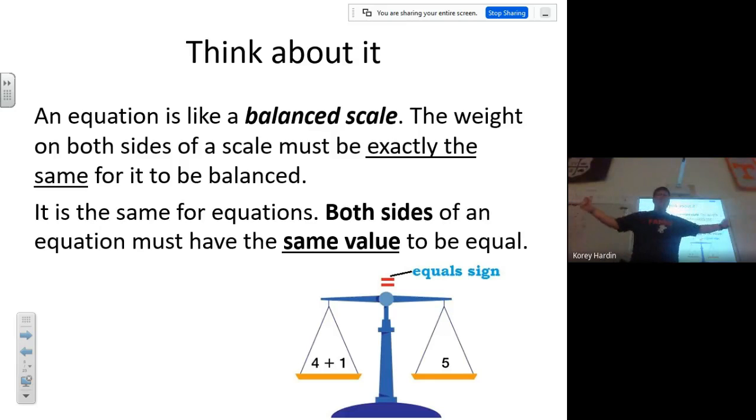Just like, I forget what that's called, but the justice beam, that balance has to equal. If in this hand I've got more, it's going to be weighted. In this hand, if I got more, it's going to be weighted. So with an equation, that balance has to equal out perfectly. Okay? And that's what an equation is.